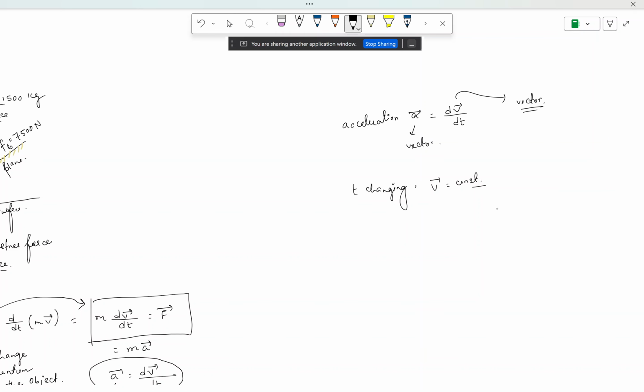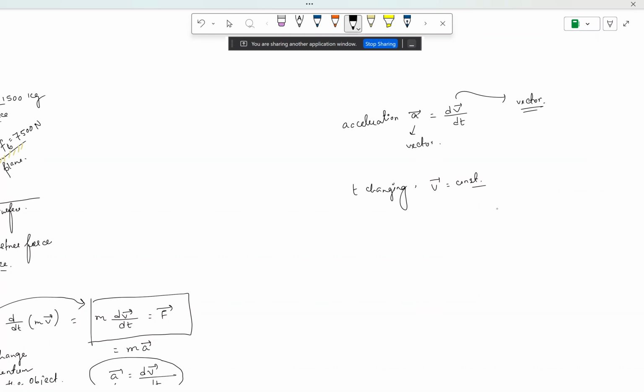Actually, do not take the idea of the wheel, rather take a simple object. Let's say there is a toy model of a train, and you want to set the velocity of that train to a constant velocity. So its speed is not changing, and it is moving in a straight line. Then with time the velocity is not changing, because velocity consists of both the magnitude and the direction.